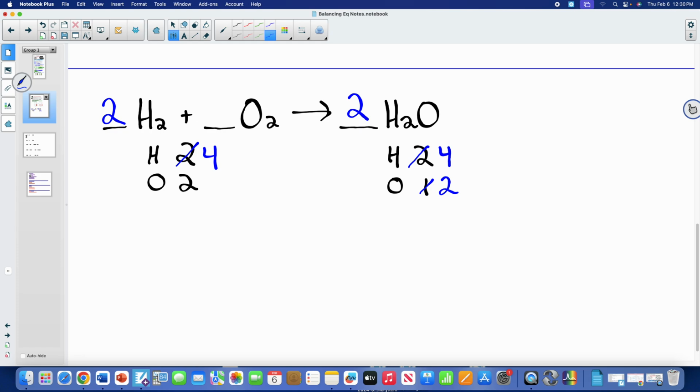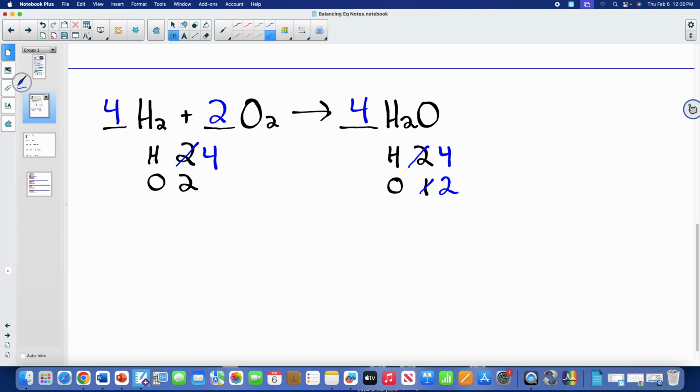Okay. So, the lowest whole number ratio thing that I told you. If you had gotten 4, 2, 4, right? Because the coefficients that we use in balancing are a ratio, those coefficients would get it balanced.